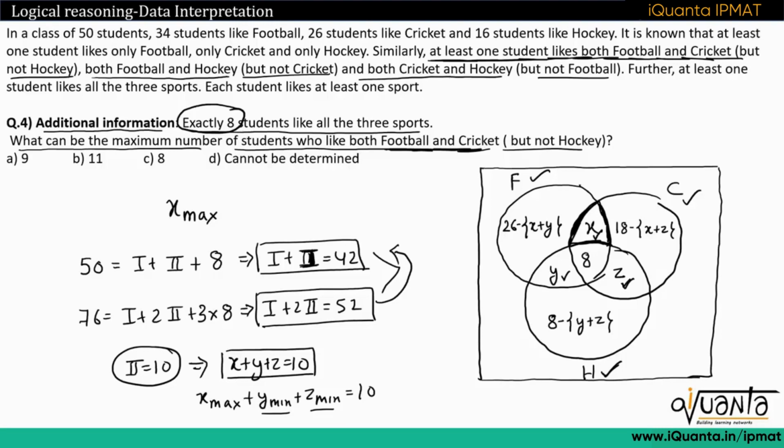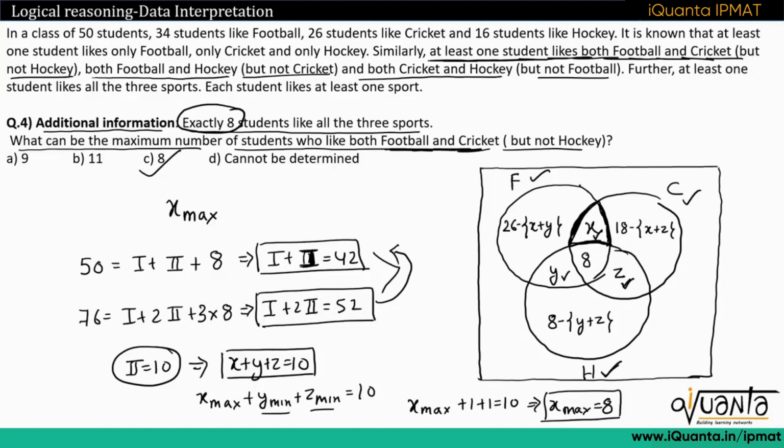So that means the minimum value of x, y, z can be equal to 1. So minimum value of y will be equal to 1 and minimum value of z will also be equal to 1. So we can get x max plus 1 plus 1 equal to 10, which will give us the maximum value of x equal to 8. So 8 will be the correct answer to this question.